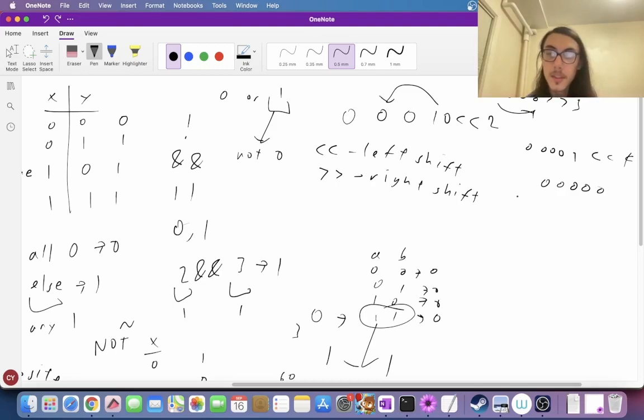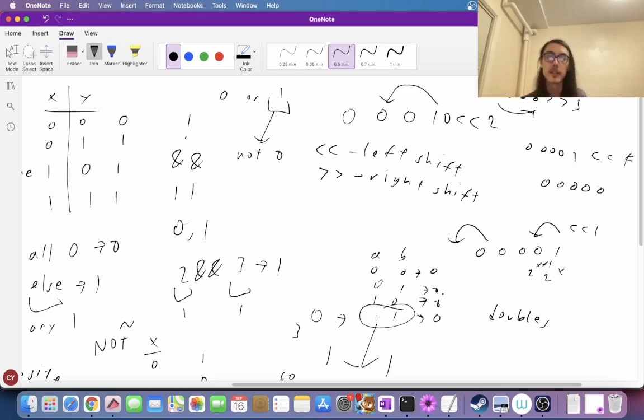One convenient thing about this is that, for example, say I shift something by 1, then it will go from a position representing 2 to the x to a position representing 2 to the x plus 1. And therefore it sort of doubles. Apart from the stuff that gets truncated off when it goes out of the number, everything will double.